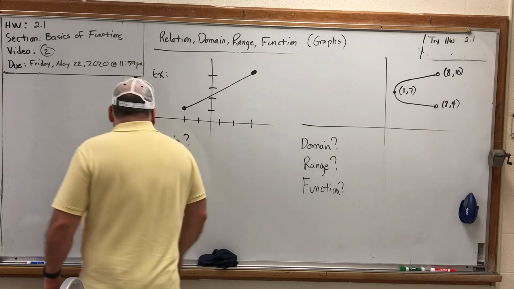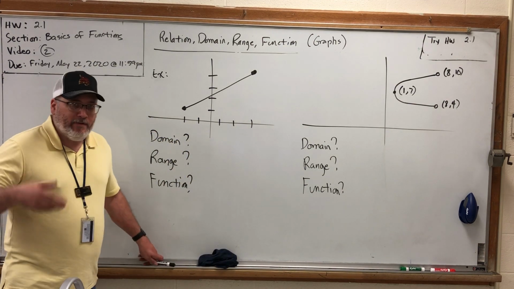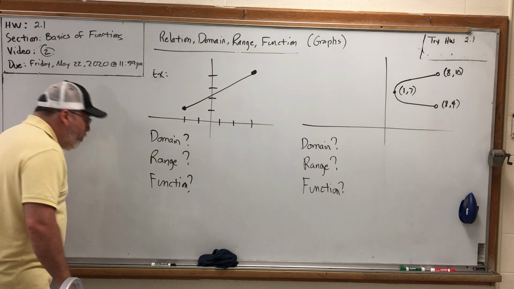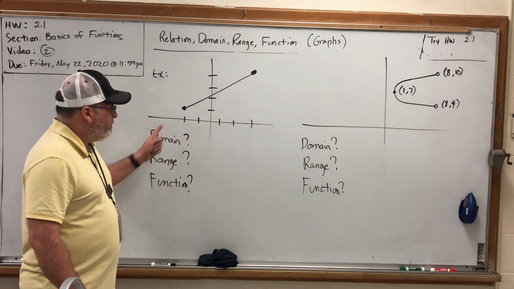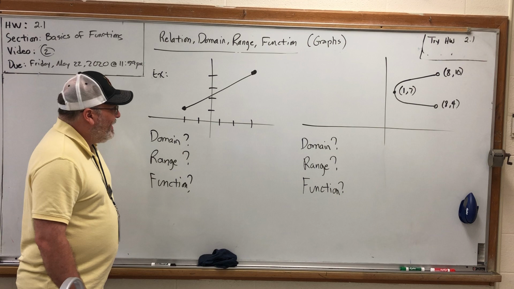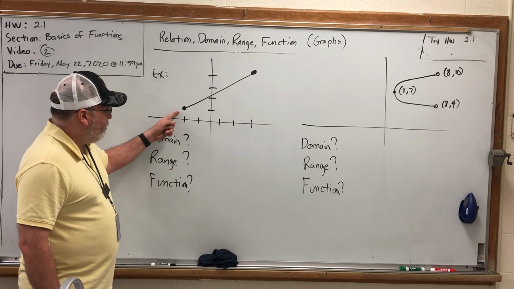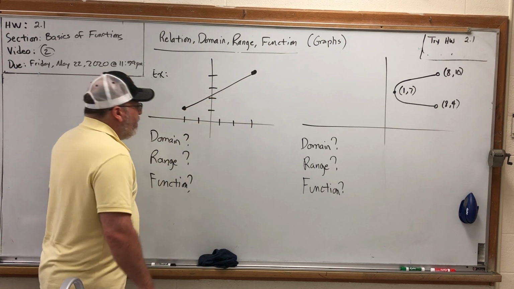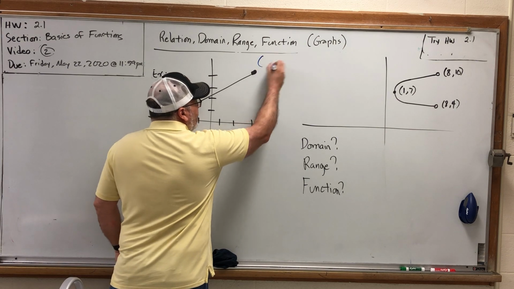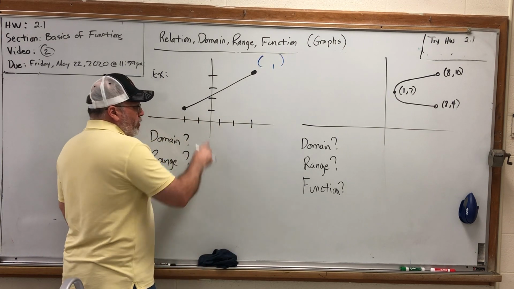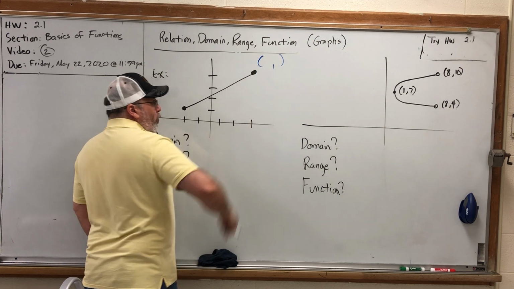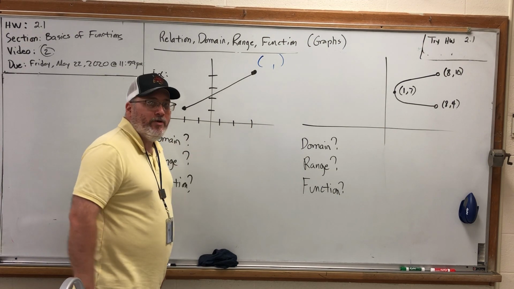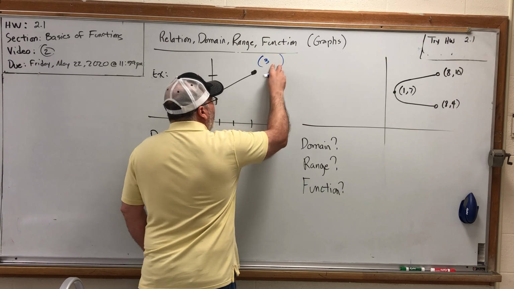Now, I know we haven't really talked about graphing much, but there are some graphing basics that I expect you to already know. For example, on this picture of this line segment, I expect you to know the coordinates of the left point and the right point. For this right point, to get to it from the origin, you go over 3 and up 4. So what would the coordinates of that point be? 3, 4.